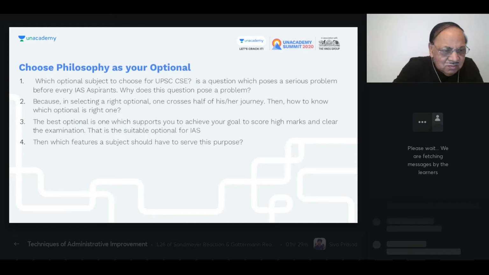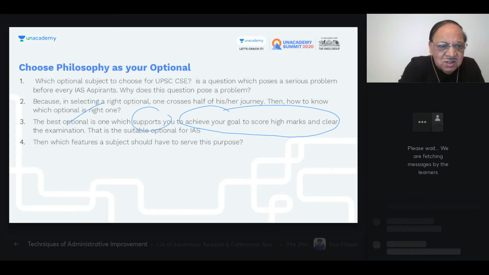So the question is, what is the best optional? The best optional is one which supports you to achieve your goal, to score high marks and clear the examination.